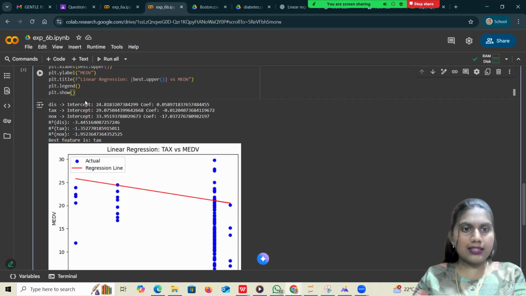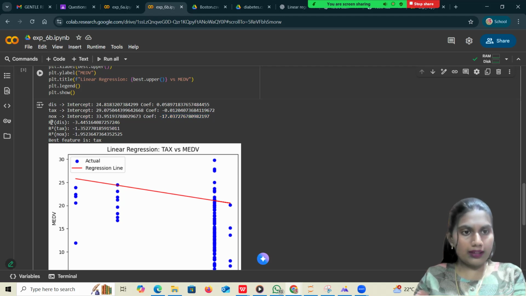For distance, the intercept value is this and the coefficient value is this. For the tax one, the intercept is going to be 29.07 and the coefficient value is minus 0.12. For NOx, the intercept value is 33.95 and the coefficient of NOx is going to be minus 17.03.